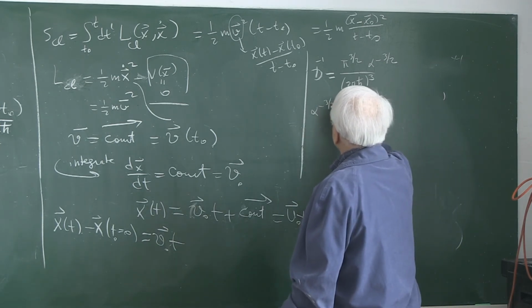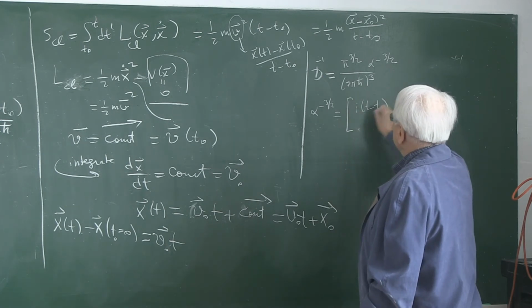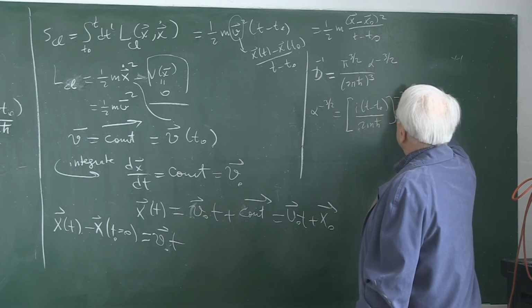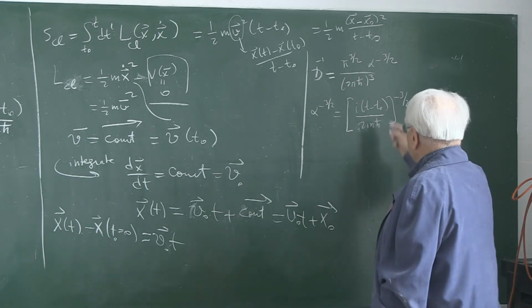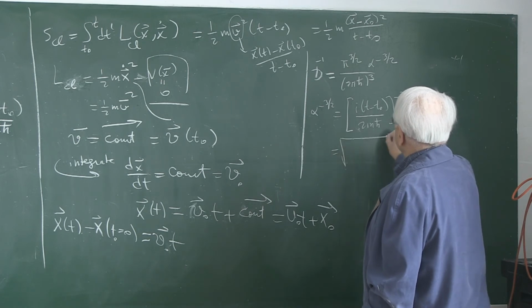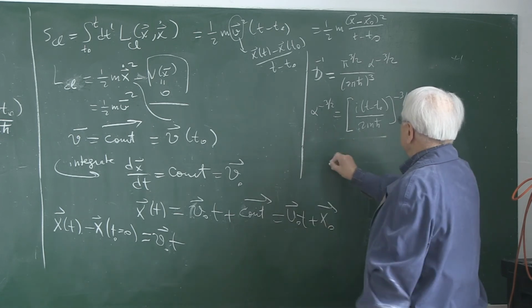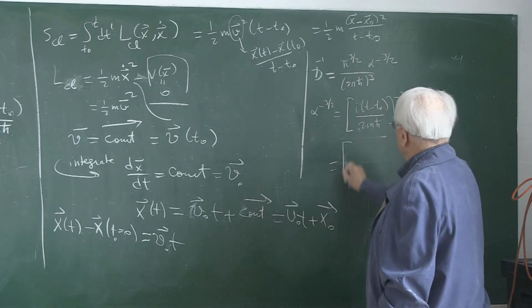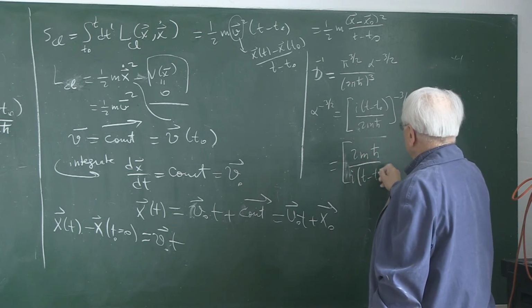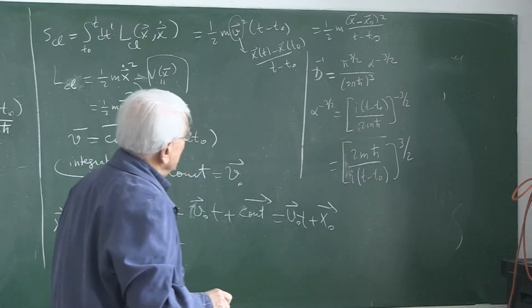Alpha to the minus 3/2 is i (t minus t0) over 2m h bar to the minus 3/2. Or let me put it upside down: 2m h bar divided by i (t minus t0), to the 3/2. That's alpha to the minus 3/2.